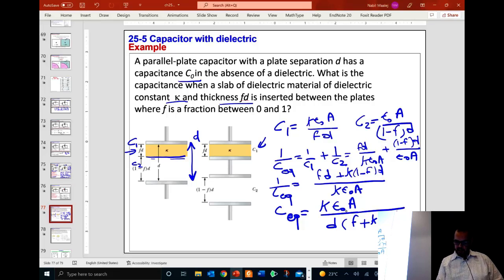So kappa epsilon 0 A over D is C1. So C equivalent is C0, the initial capacitance when there was no dielectric, divided by F plus kappa times 1 minus F.